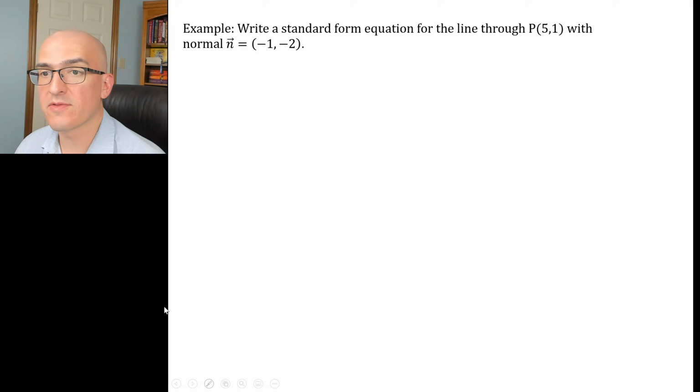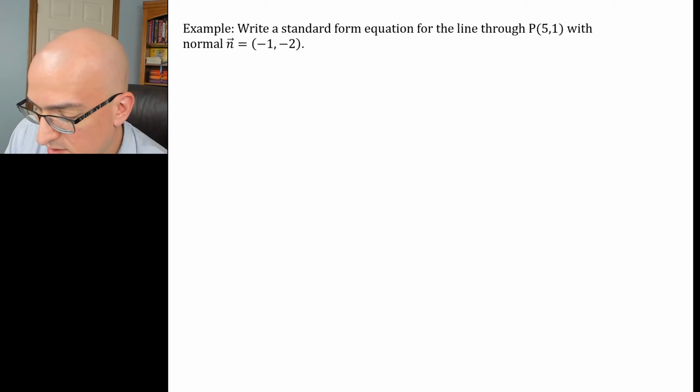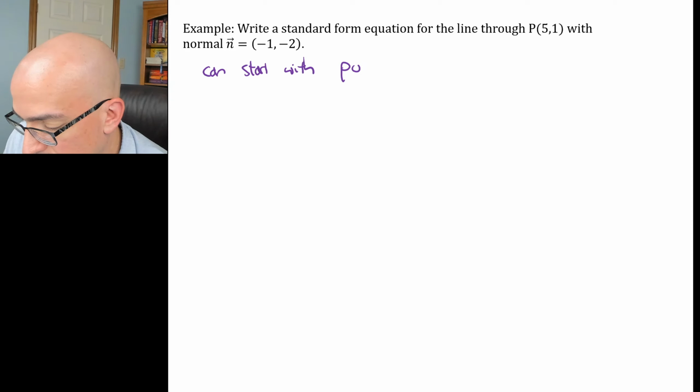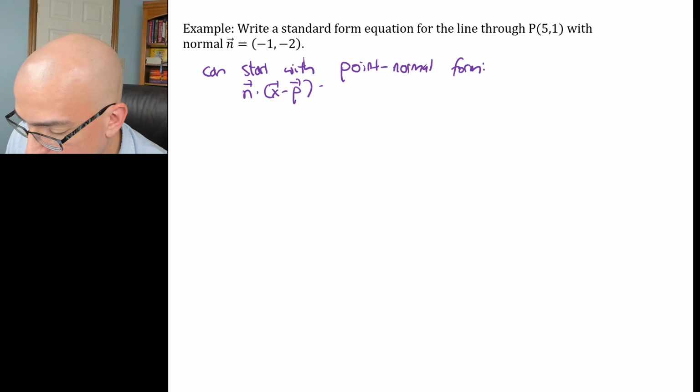Now to begin with, I don't have to do what I'm about to do, but I want to do it anyway. We can start with point normal form: n dot (x minus p) equals 0.